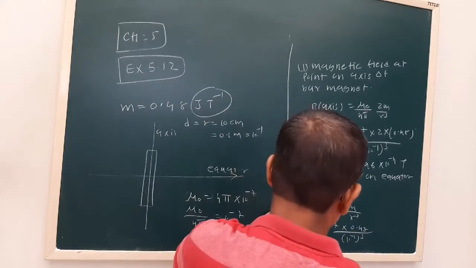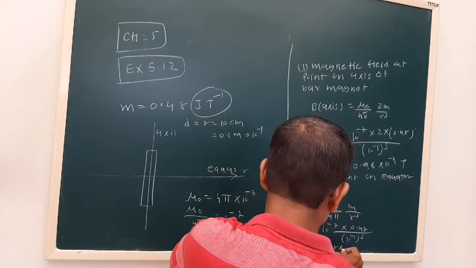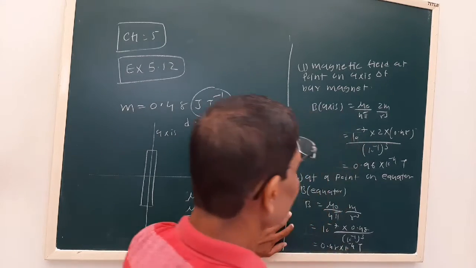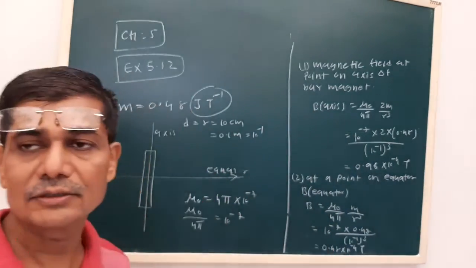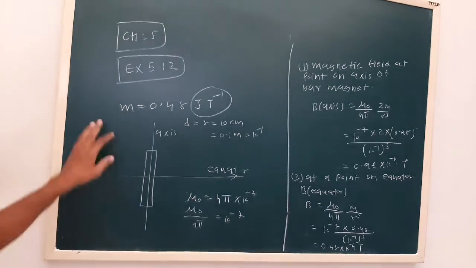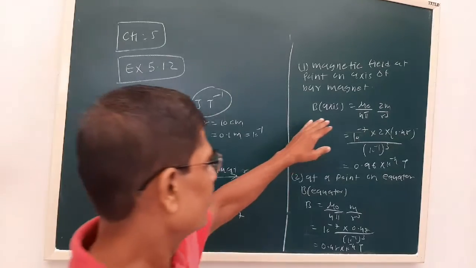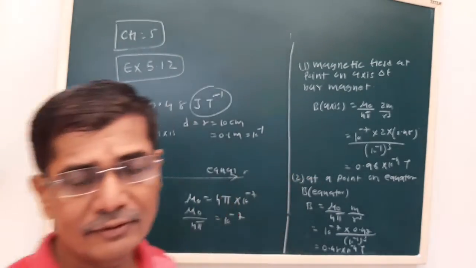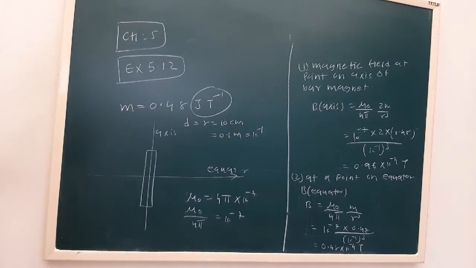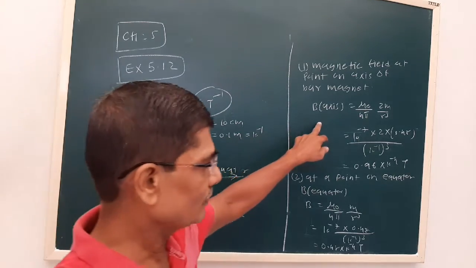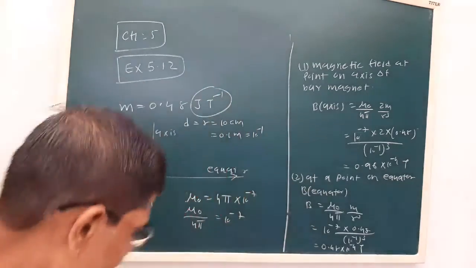So we get 0.48 Gauss. This is very simple: M is given and r is given. By using the equations for axis and equator, we can obtain the value of the magnetic field at a point on the axis of the bar magnet and on the equator of the bar magnet.